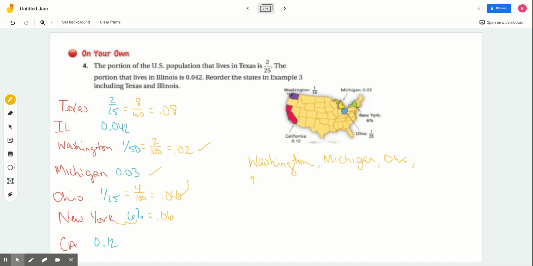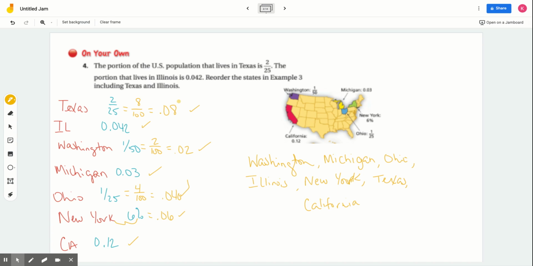So next would be Illinois. Then we have New York. Texas. And our largest population is in California.